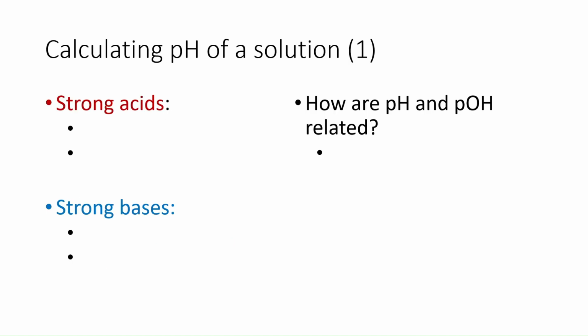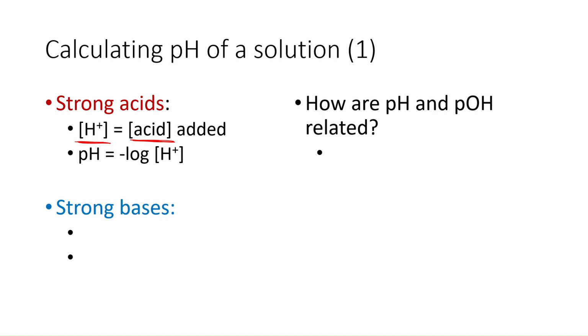So when we want to calculate the pH of a solution for a strong acid, it's relatively straightforward because it will become fully ionized, and similarly for a strong base. So first we'll consider the strong acid. For a strong acid, all the protons are fully removed from the acid, and so the concentration of protons in solution is equivalent to the concentration of acid that you added.